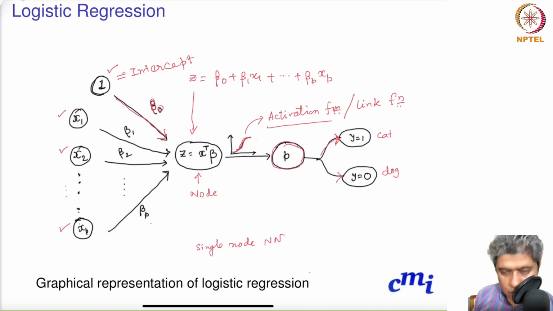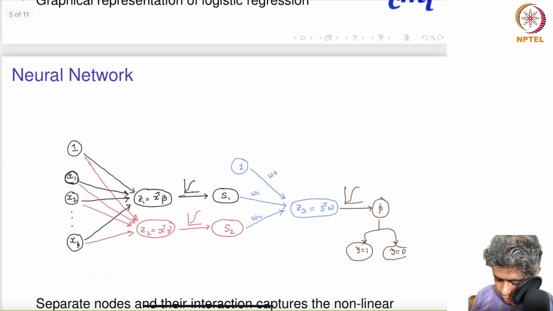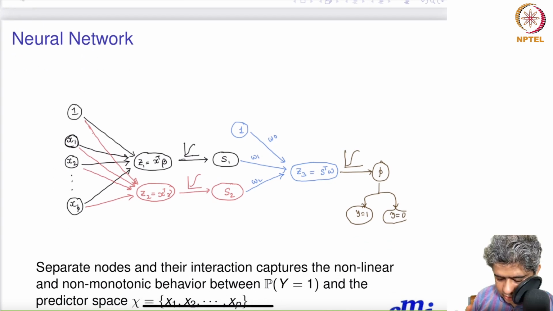Now, can I generalize this situation? I had a single node, this is my node 1. I don't have to stick to just node 1. I can create a new node, this is my node 2.